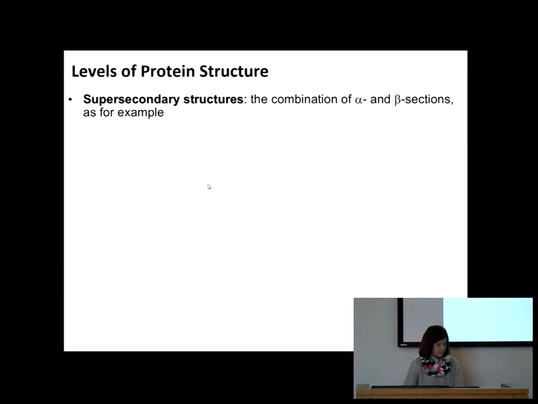Now, sometimes there's a little bit of fuzziness between our secondary and tertiary structures. For this class, and for exam purposes, I'm going to make it black and white. Secondary structure is only the interaction between the backbone of the peptide bond.